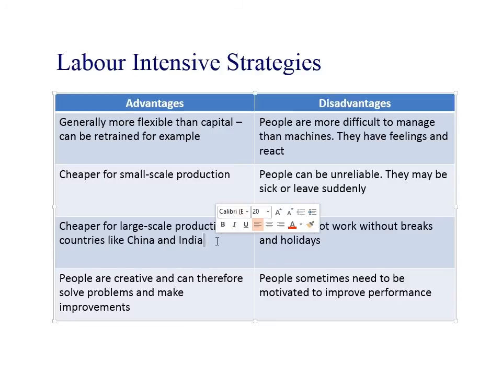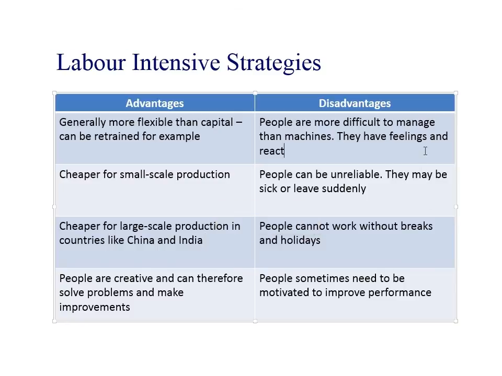You can get very cheap labour in the world, in countries such as India and China and Asia. Not saying that's morally right, and probably a lot of those factories should pay their workers a lot more, but you can get cheap labour. And people are obviously creative and they can solve problems, so it's a little bit more flexible.